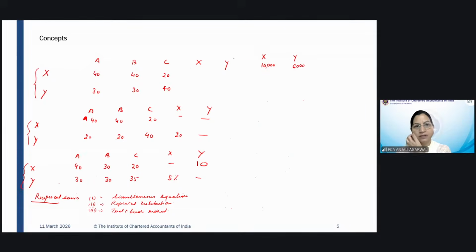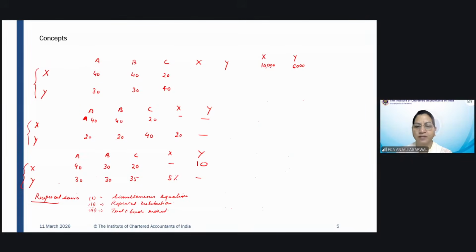So it's simple: 10,000, 40, 40, 20; 6,000, 30, 30, 40. Second case, step ladder. First distribute Y. So 6,000, 20%, that is 1,200, 1,200, 2,400, and 1,200 goes to X also.